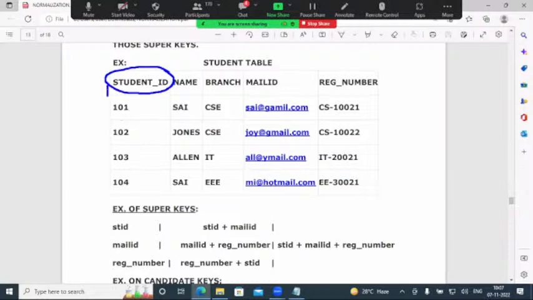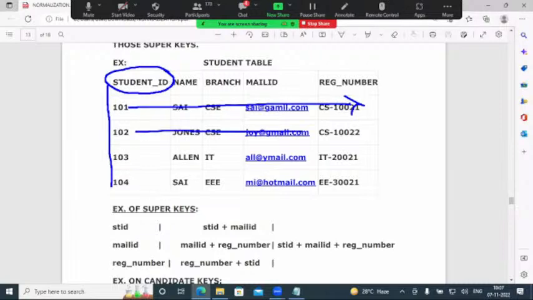How many values are there? 1, 2, 3, 4. Now tell me, for the values in this student ID column, row-wise, is each value uniquely identified, or are there any duplicates? Uniquely identified. So the first row is identified with 101.